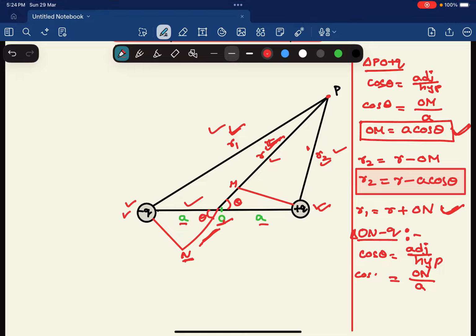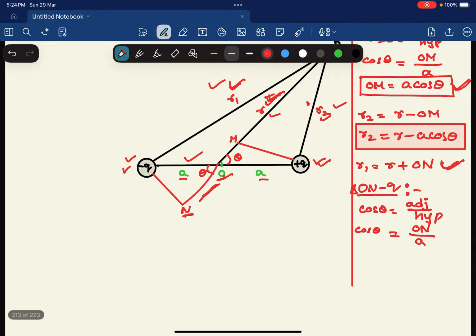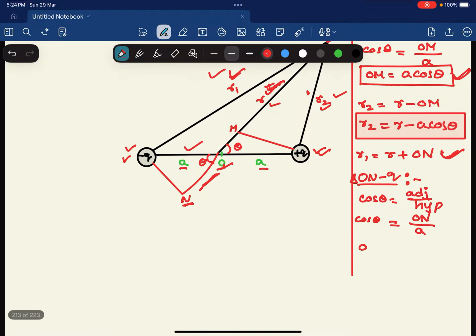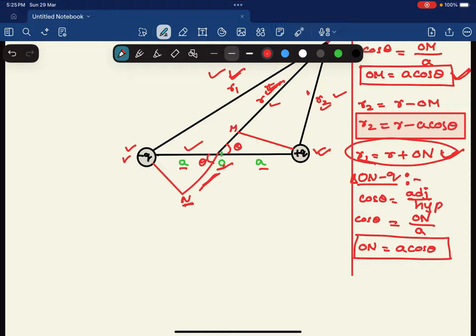So finally I got cos theta is equal to ON by a. From this, ON is equal to a cos theta. So I got the ON formula. So this ON formula I'm going to substitute in this. So R1 is equal to R plus ON, means a cos theta. So finally I got the R2 formula as well as the R1 formula, right?